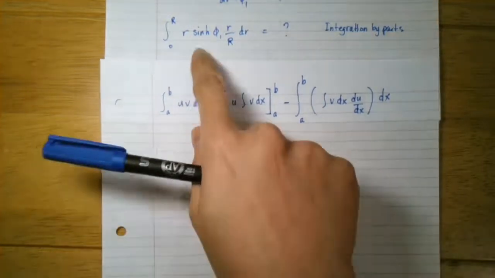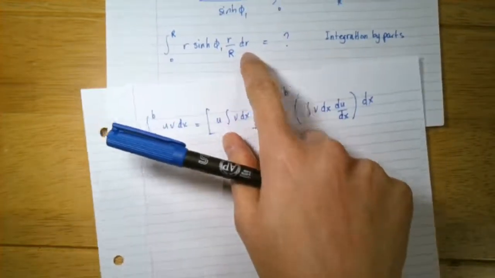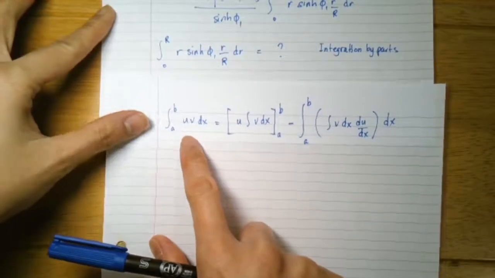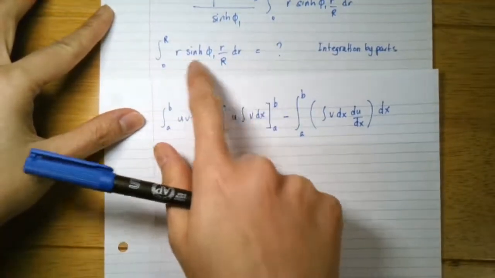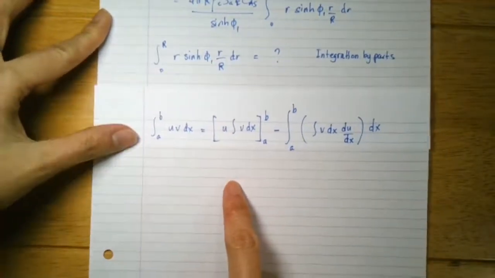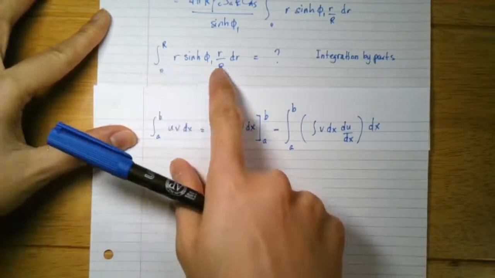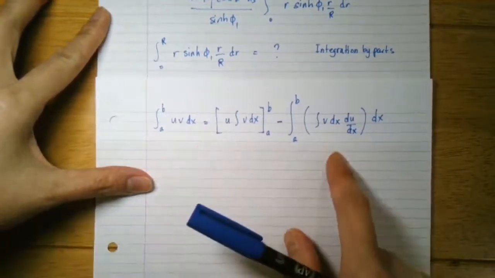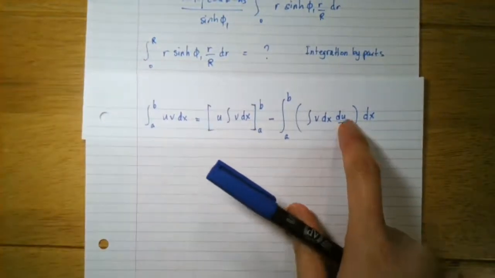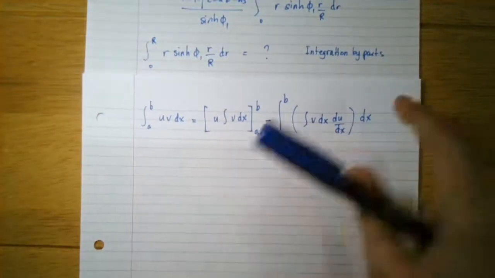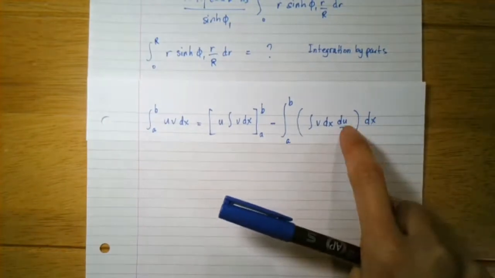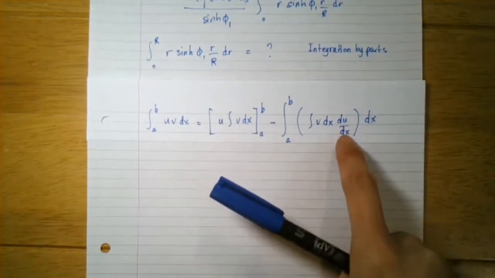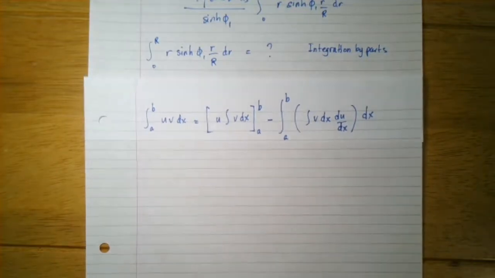Okay, so this is the expression that we need to integrate. So we can divide this into two functions, r and sinh. So we can see here from the formula for integration by parts that we have du/dx. So we normally want our u to be the simpler function. The one with the derivative here, we want that to be the simpler function.